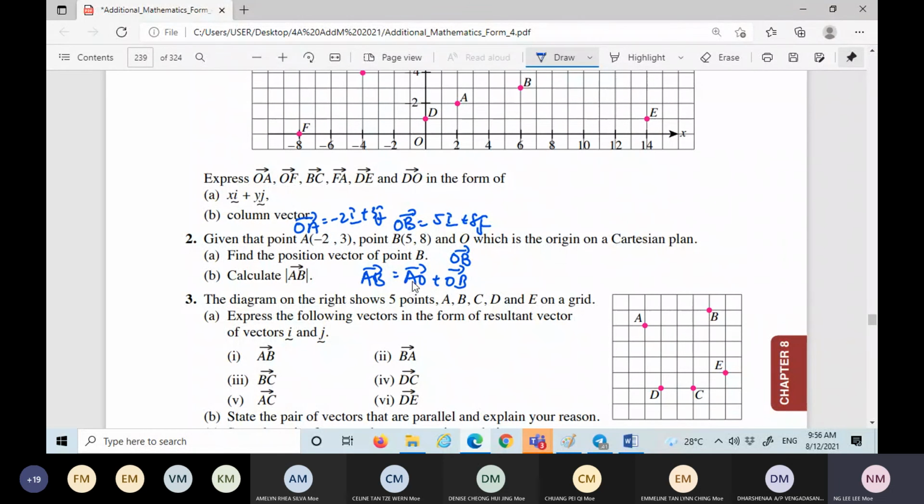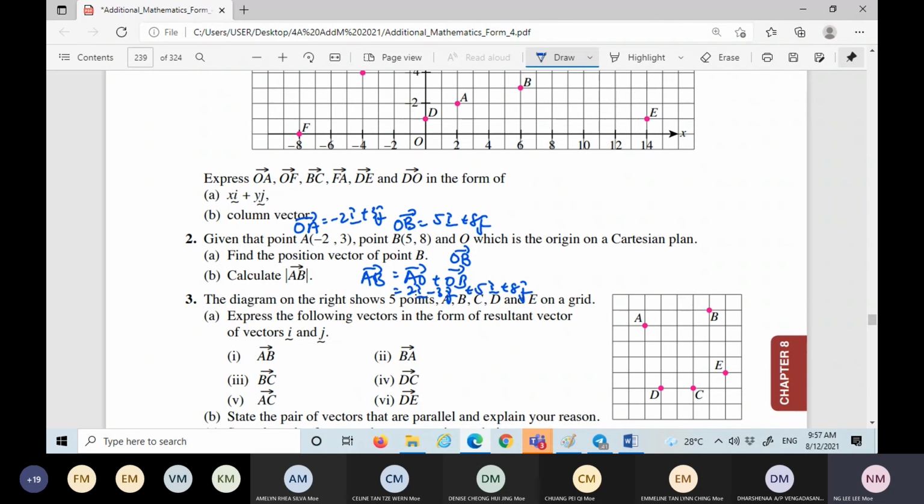So AO, reversed, means the sign has to be negative of OA. So this is -2i and then -3j. And then OB is 5i and then 8j. So combine it. This one is your AB. After that, find the magnitude. How to find the magnitude? Still remember? The square root of x squared plus y squared. But here you have to combine the i and i, j and j. So this is for question number 2.